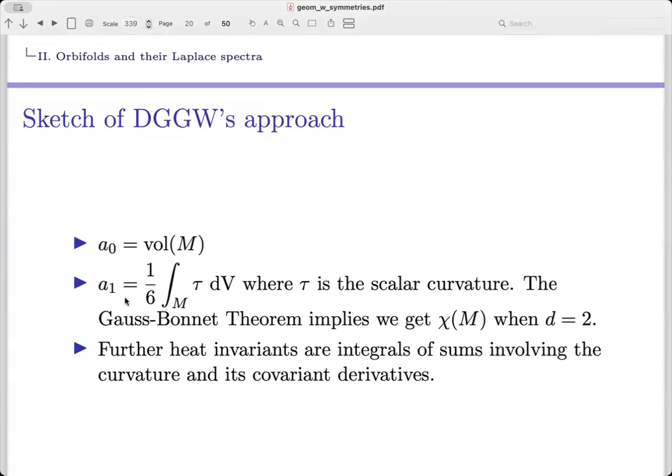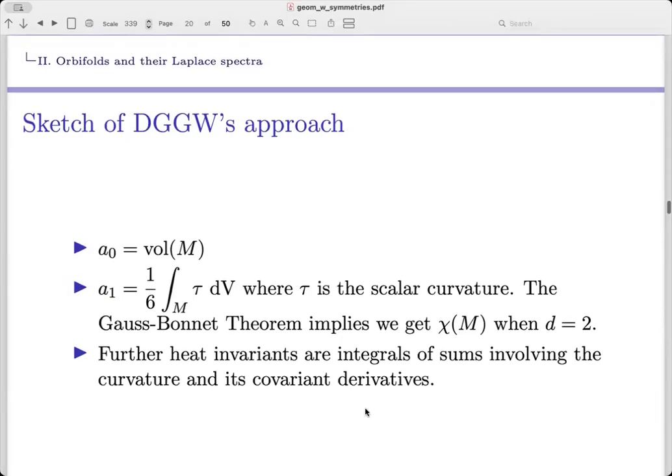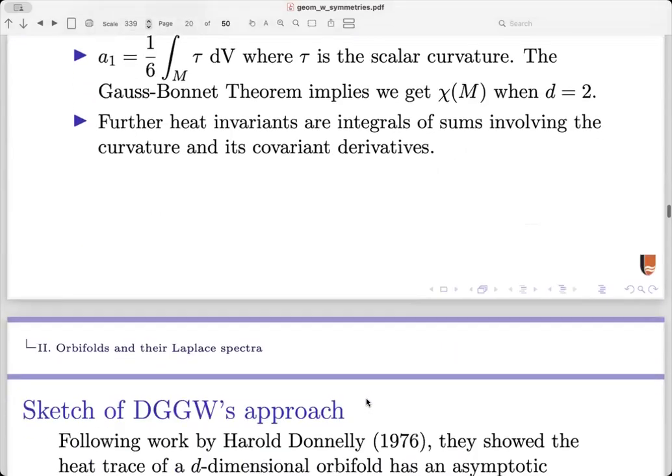The one after that, A1, is 1/6 of the total scalar curvature of our manifold, which is nice because in dimension 2, that lets us detect the Euler characteristic of a manifold using the heat invariants. And then later heat invariants, A2, A3, are integrals of sums involving the curvature and its covariant derivatives. They get pretty complicated pretty fast.